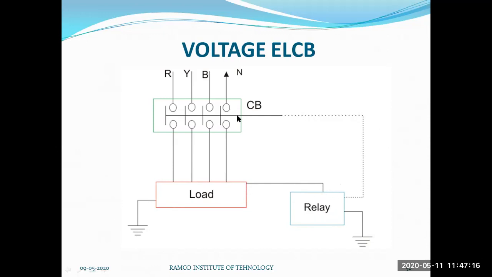The relay will trip the supply and your load will be disconnected. Then your circuit breaker will be reset and operate normally. So whenever you have a fault condition, the relay will operate and your electric appliance is safeguarded from the fault condition.